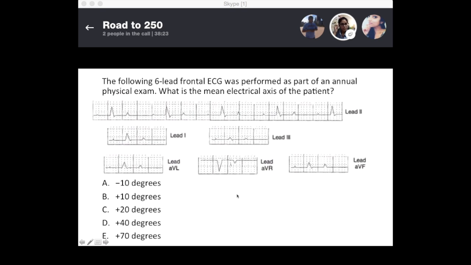So if we look at lead 1, we see pretty much what you see there, and then aVF, and that should help you get a general idea, but we need to look at lead 3 a little bit more closely.